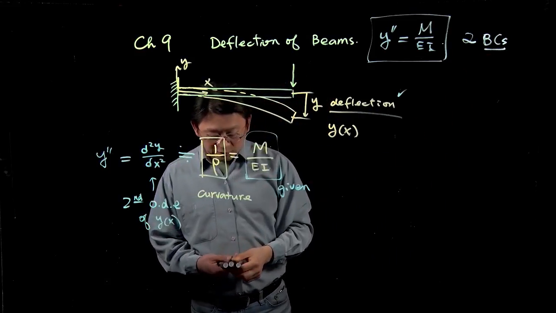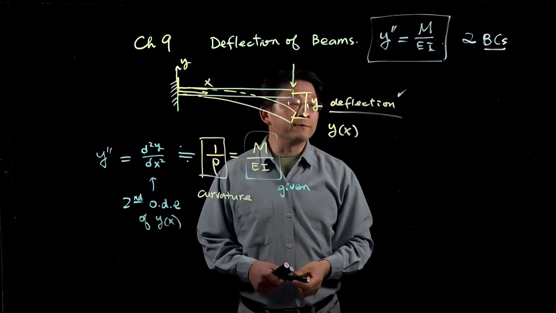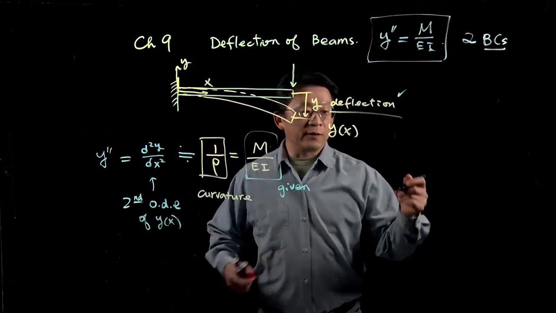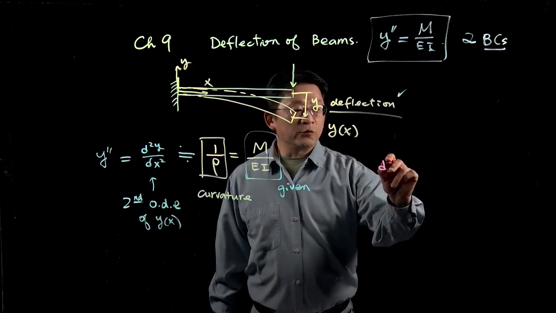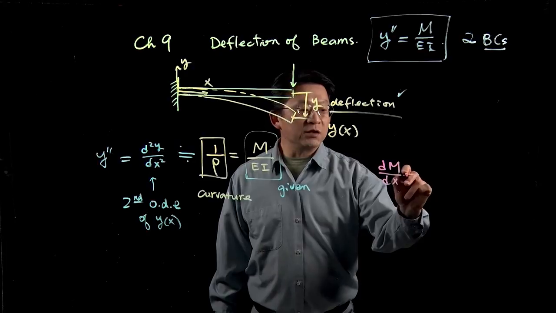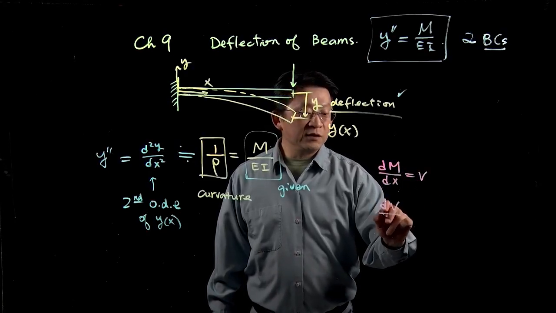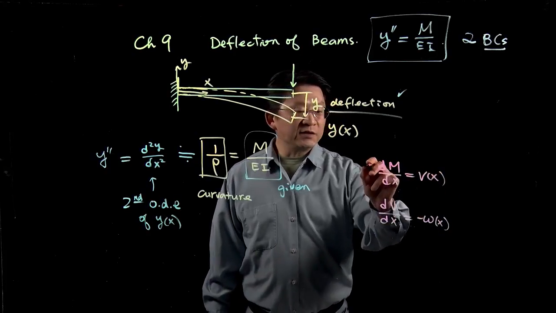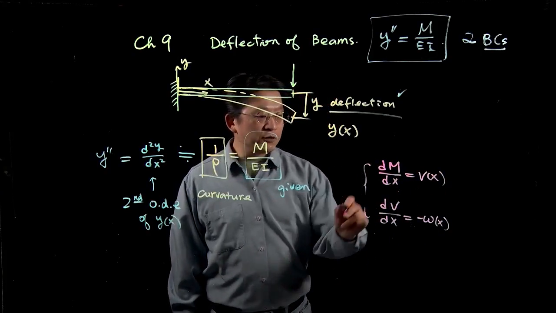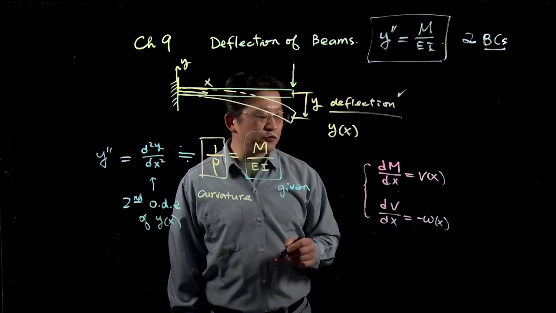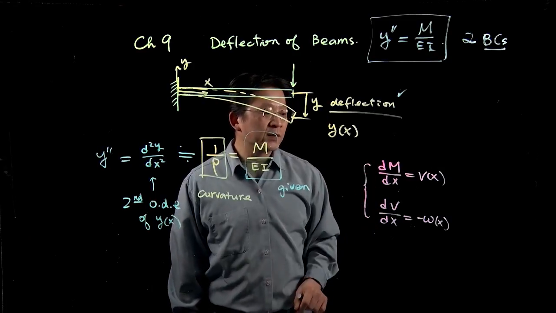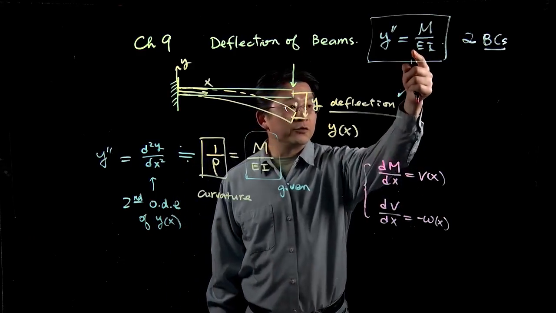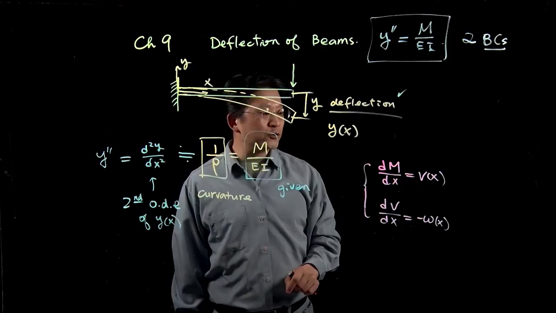Furthermore, in this chapter we're going to combine a new piece of information. We know dM/dx equals V, and also dV/dx equals minus omega of x. That is information we learned in the chapter on drawing shear and bending moment diagrams. Sometimes, depending on the situation, we might be able to combine the equations together. Let me show you how to do it.